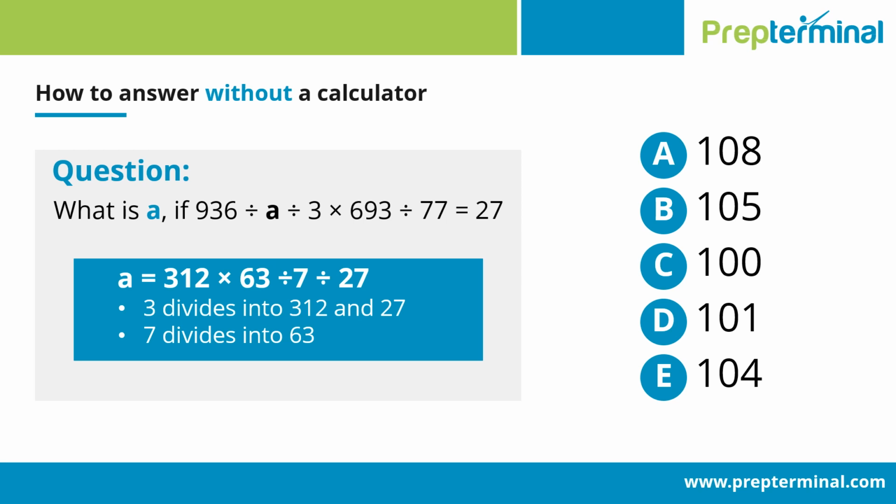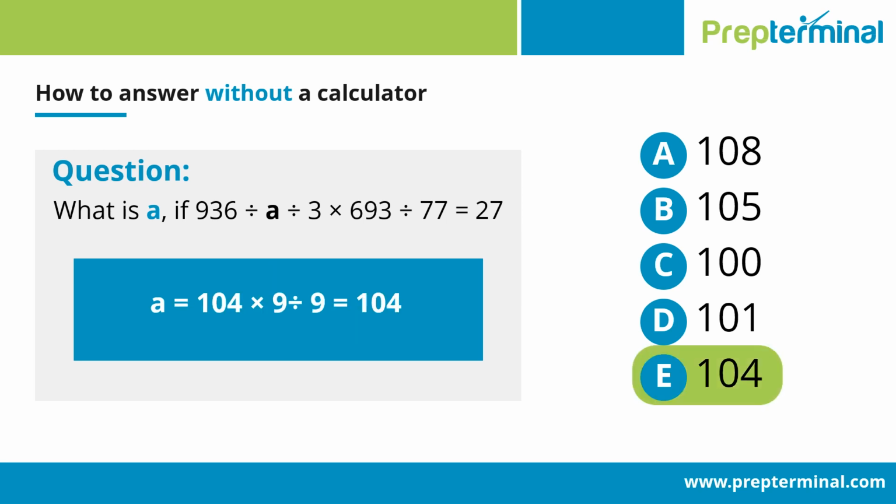Using these, we get A equals 312 times 63 divided by 7 divided by 27. 3 divides into 312 and 27, and 7 divides into 63. Using these, we get A equals 104 times 9 divided by 9 equals 104. The answer is E.